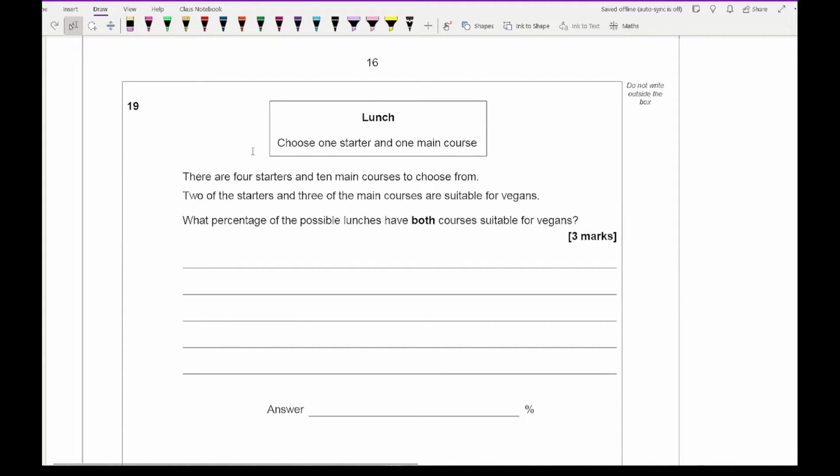Then looking at question 19, it says choose one starter and one main. So there are 4 starters and 10 main courses to choose from. 2 of the starters and 3 of the mains are suitable for vegans. What percentage of possible lunches have both courses suitable for vegans? So the total number of combos is going to be 4 times 10, which is 40.